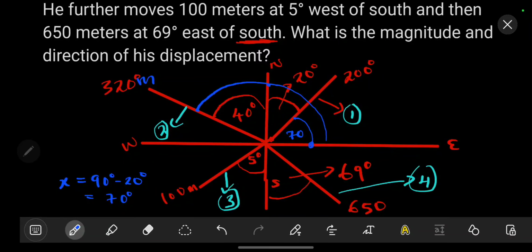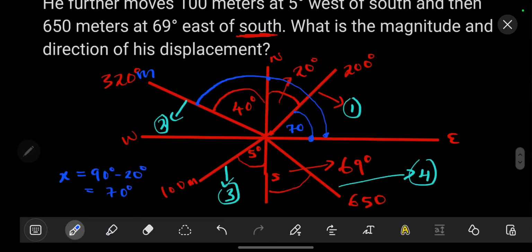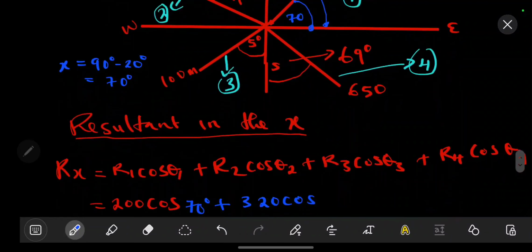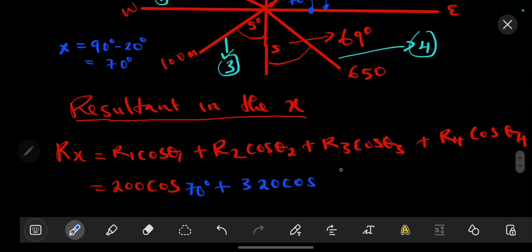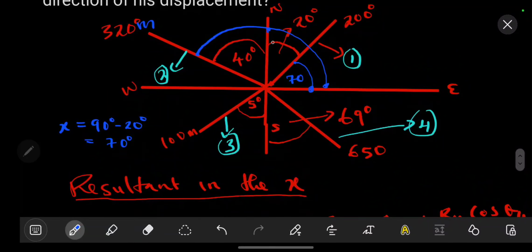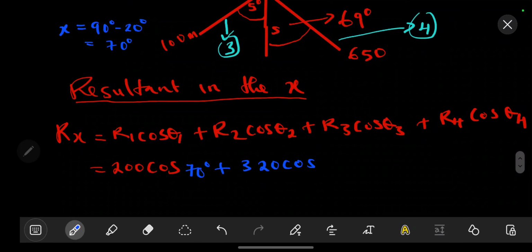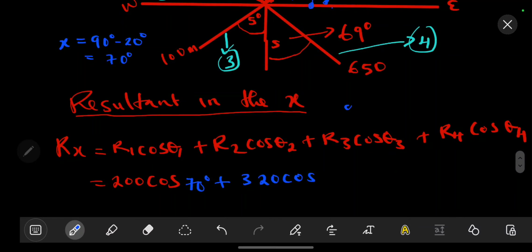From here up to here it is 90 degrees, so we add 90 plus 40. If here it is 90 and here it's 40, we add them, and we find that it's 90 plus 40 degrees, which will give us 130 degrees. So we are going to put our 130 degrees there.